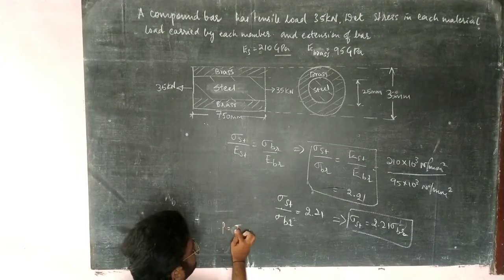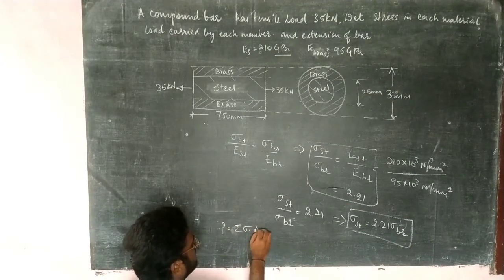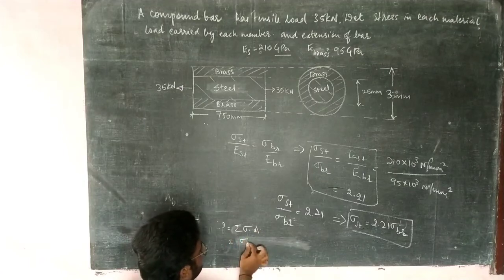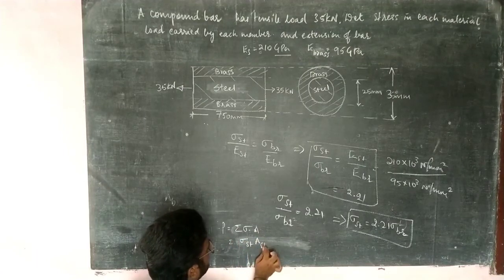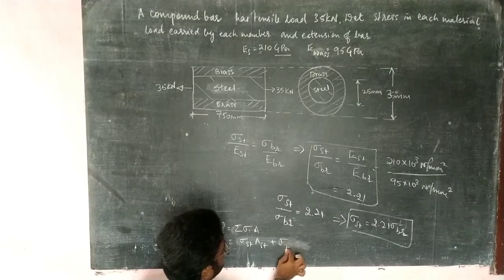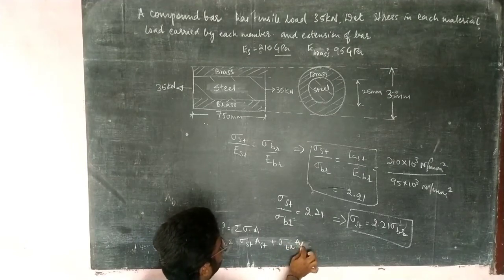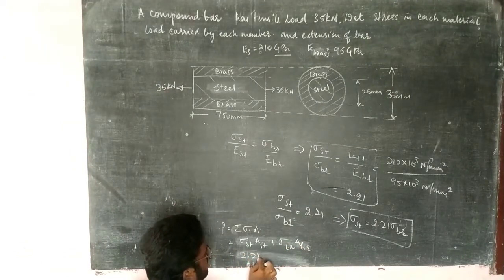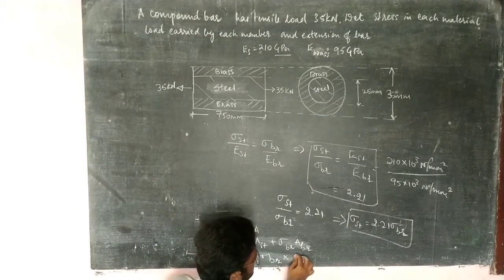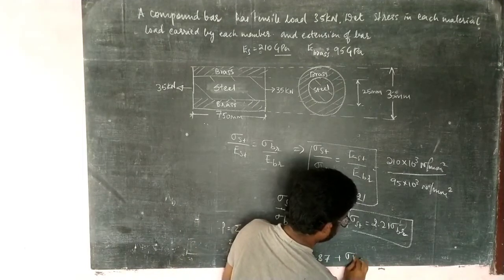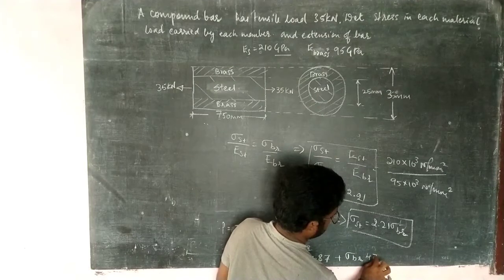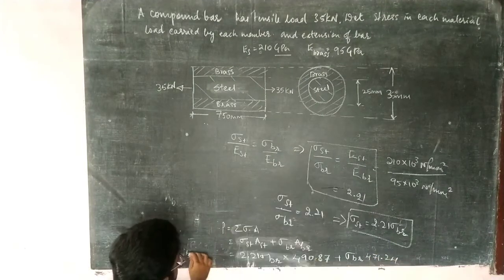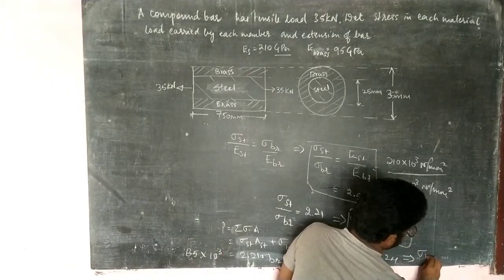P is equal to summation of sigma into A, which means stress of steel into area of steel plus stress of brass into area of brass. So 2.21 sigma BR into area of steel, 490.87, sigma brass as it is, plus area of brass, equals 35 into 10 raised to 3.